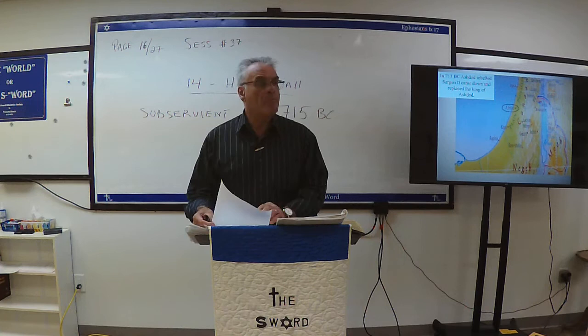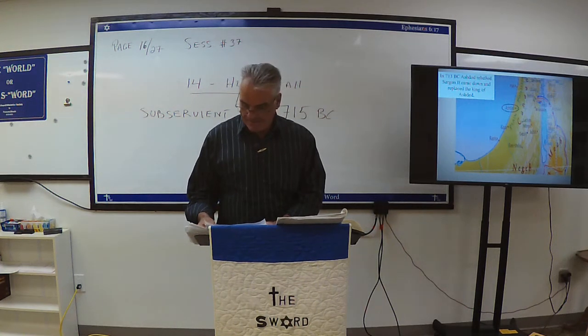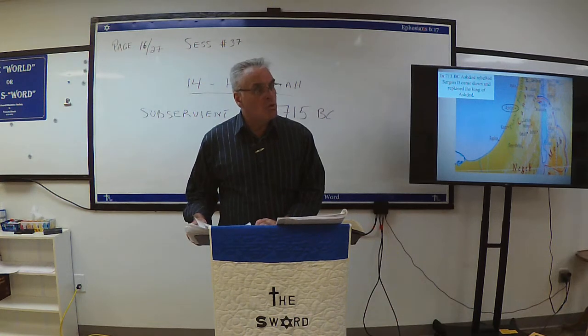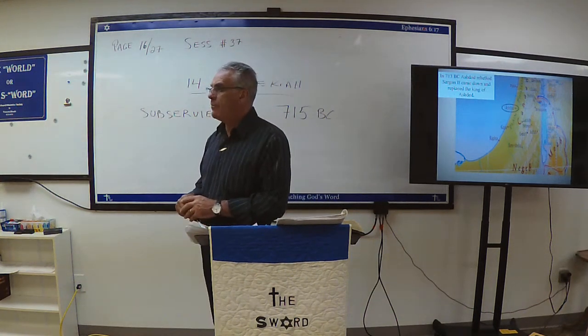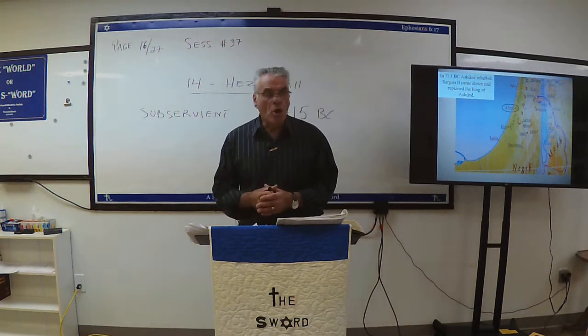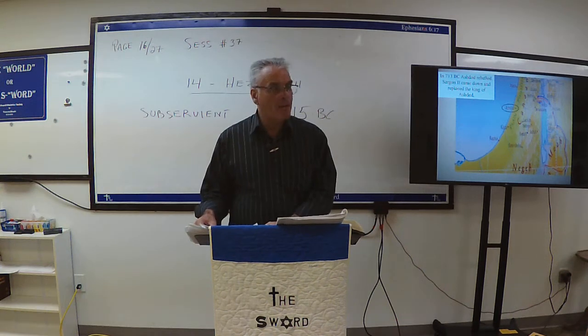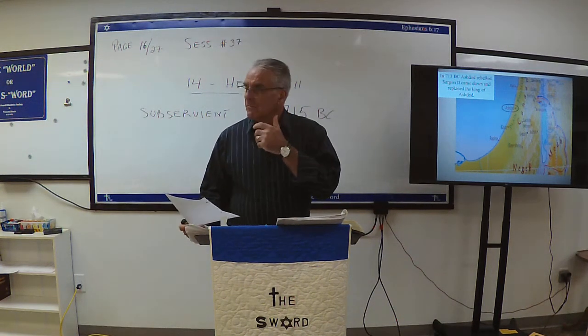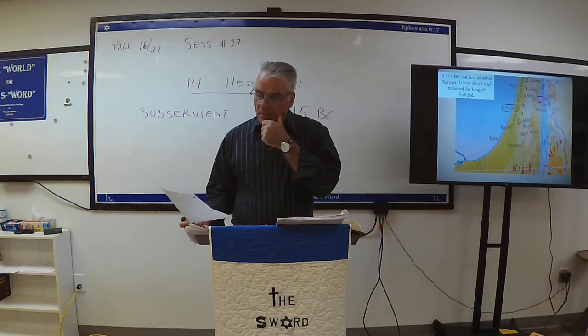Make a note that Moab and Edom, they also joined in that rebellion. Make a note of that. Moab, M-O-A-B, and Edom also joined in that rebellion against Assyria. They will surrender later, I will explain.